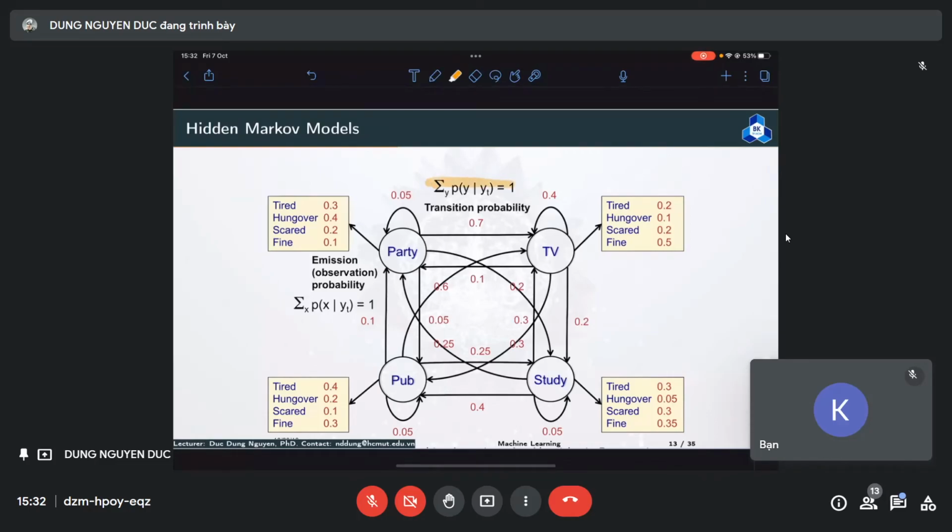The sum over transition probabilities should be one. If you count the transitions from party to party, party to study, party to pub, and party to TV, the numbers should sum to one.